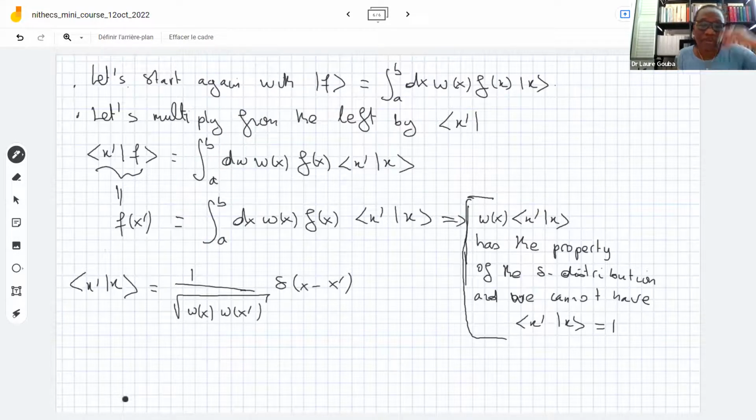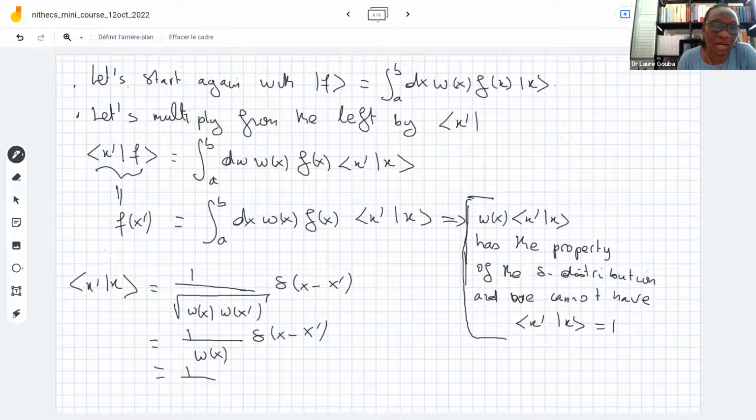If we treat delta x minus x prime as a formal generalization of the conical delta function, then we can see this as 1 over omega x delta x minus x prime, and the same thing is 1 over omega x prime delta x minus x prime.